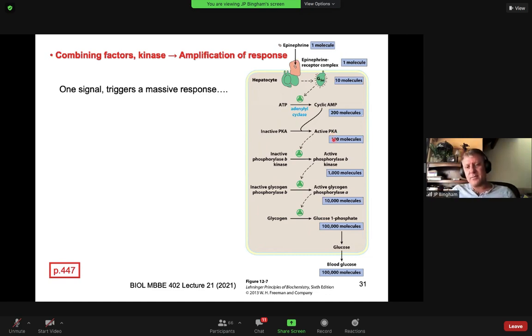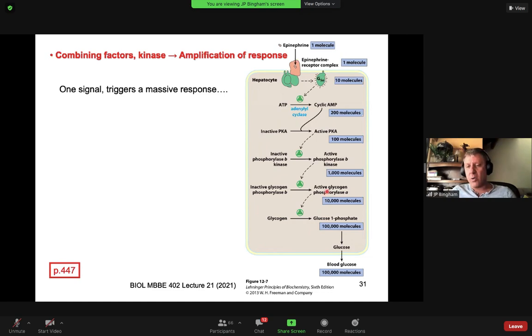So in this case, cyclic AMP now has a positive effect in activating the protein kinase A, and that protein kinase A is going to work with a phosphorylase B kinase, which is inactive and becomes activated. And this particular enzyme is going to consume an enormous amount of molecules, producing 1,000 molecules to provide the glycogen phosphorylase B to be activated.